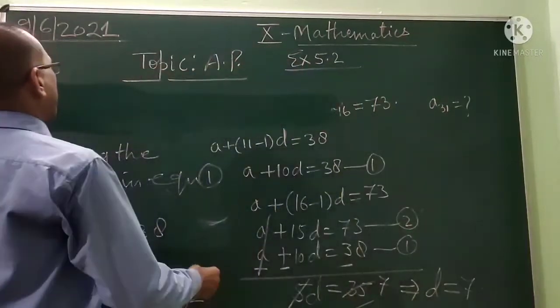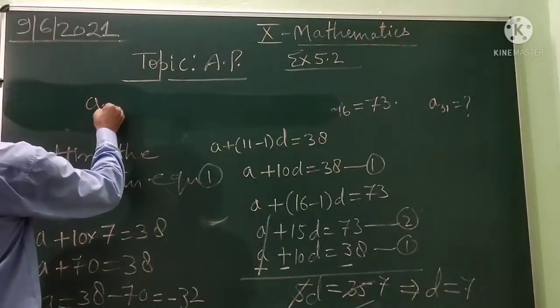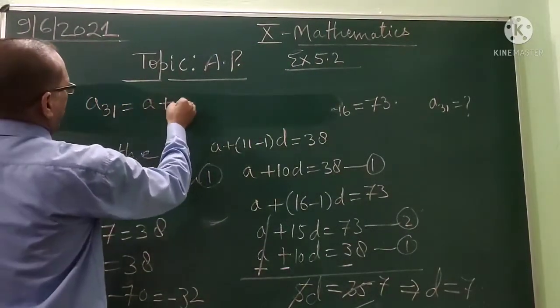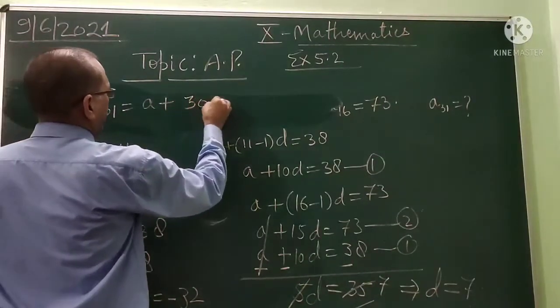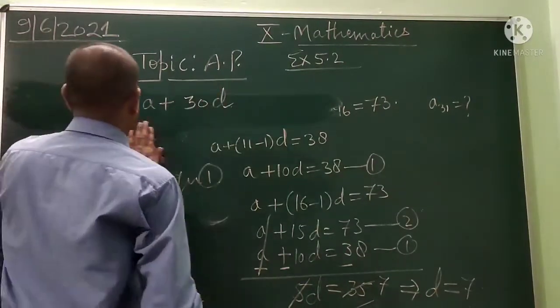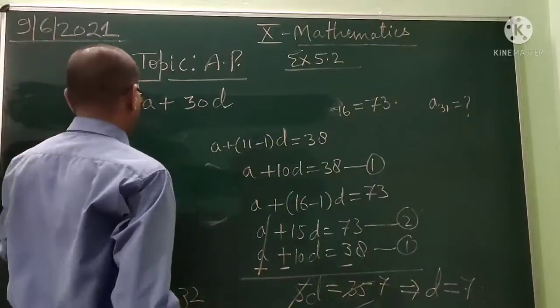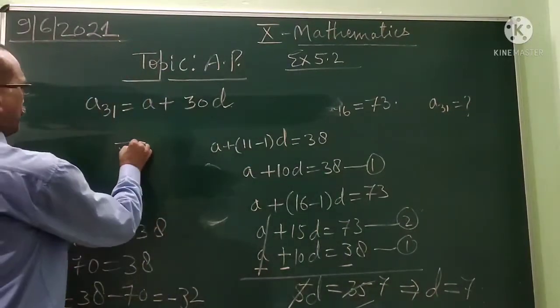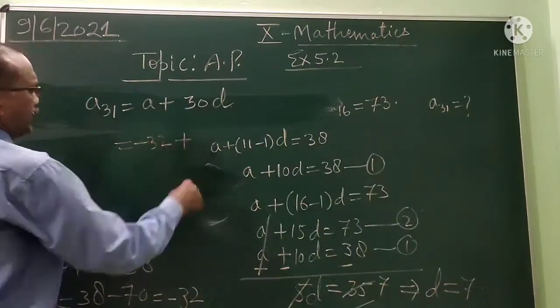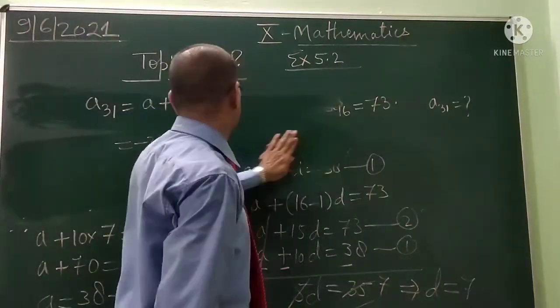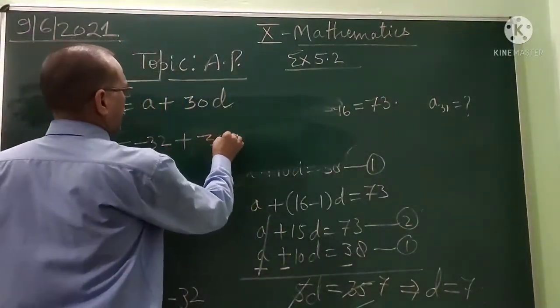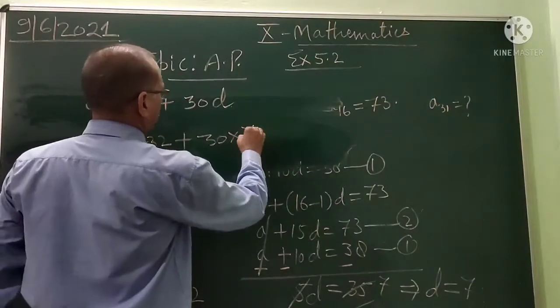Now, to find the 31st term, it is a plus 30d. Now a equals minus 32 plus 30 into d, d is 7.